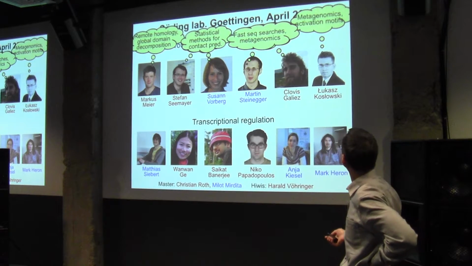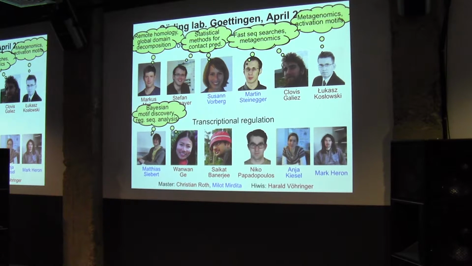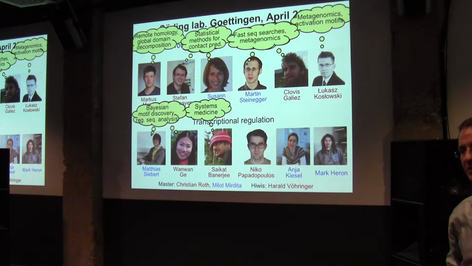So then we work on Bayesian motif discovery in DNA and RNA sequences, and I'm going to talk about that tomorrow. And on systems medicine using Bayesian statistics, so we're looking at GWAS data and trying to integrate it with mainly eQTL data and functional genomics data from ENCODE.